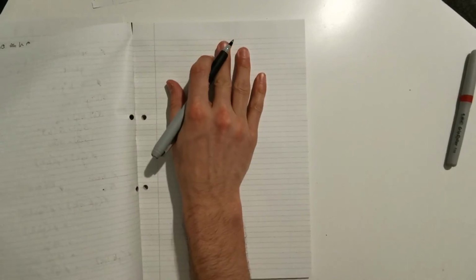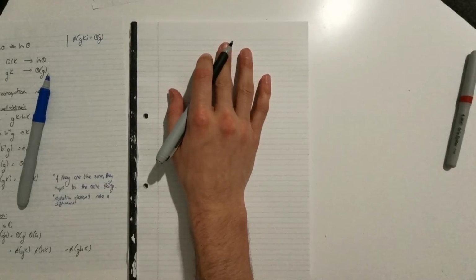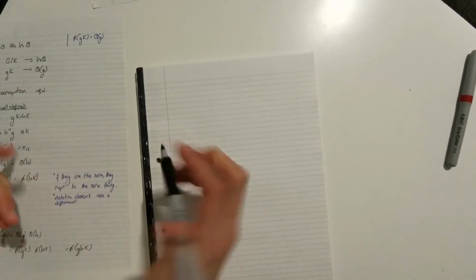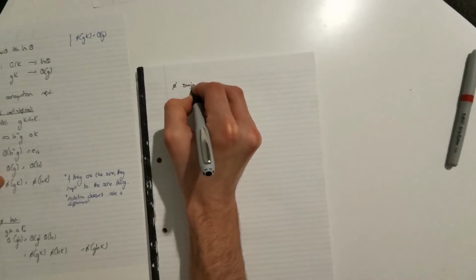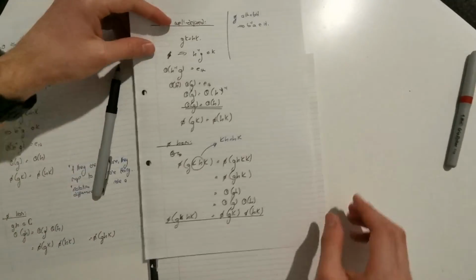Now we have to show that phi is surjective. Let me just show the bottom bit of the last one.